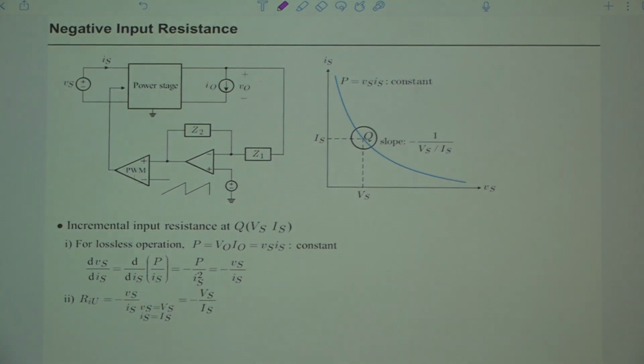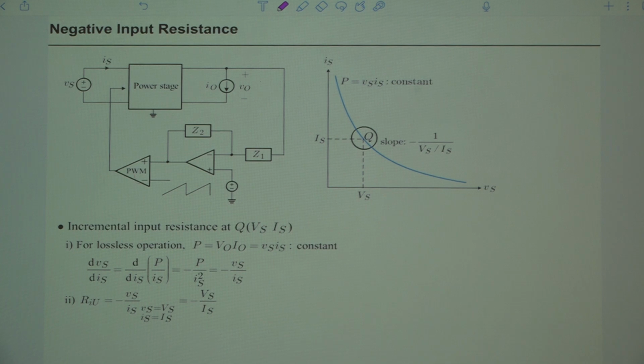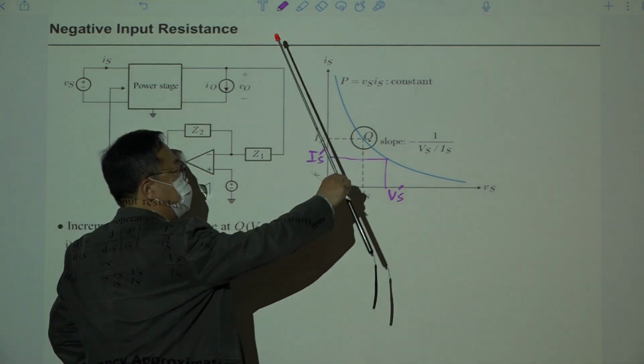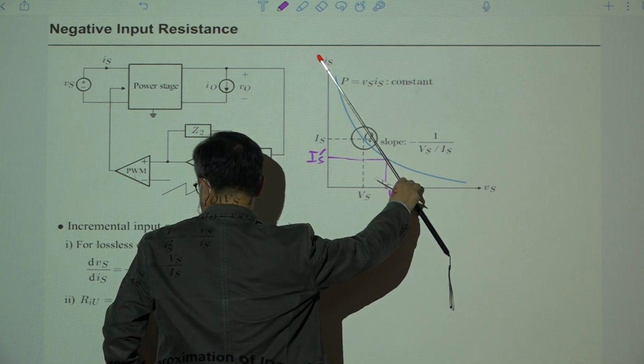Now you increase the input voltage in this direction, so this is Vs prime. Then you should decrease the input current to keep the constant power. That means this slope is negative, so it has negative incremental input resistance.